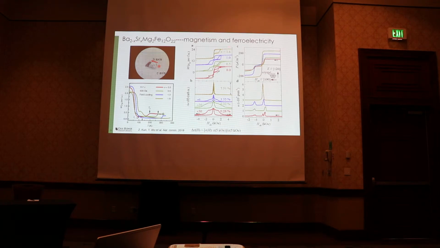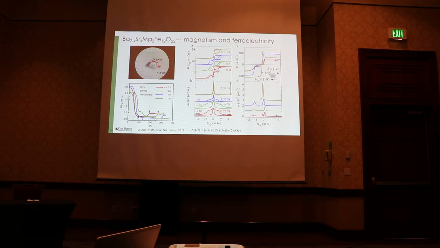So in magnetization measurements, at the lower magnesium side, you see several steps. Through doping, it finally becomes one step. When you measure the dielectric constant, you also see a sharp peak at the highest doping.